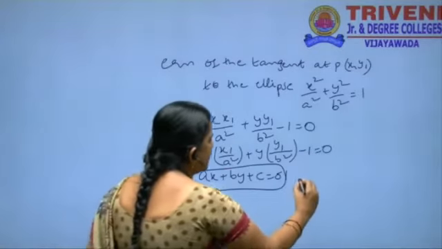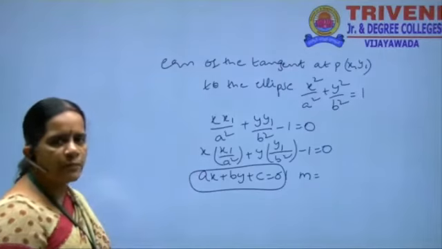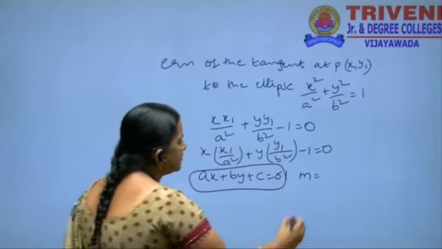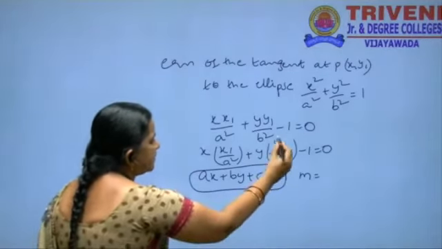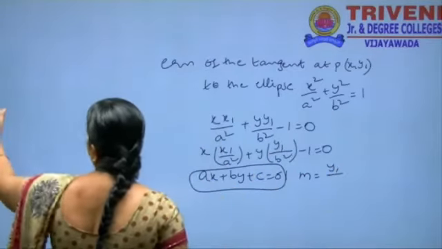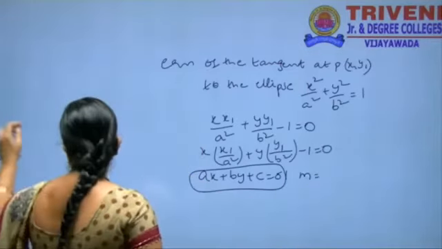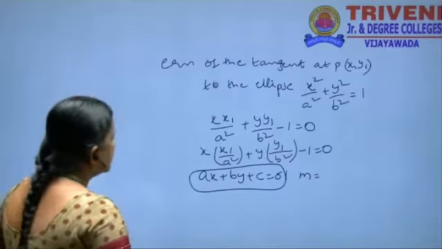Then what is the slope of the equation of the straight line? Minus a by b, where a is the coefficient of x and b is the coefficient of y.